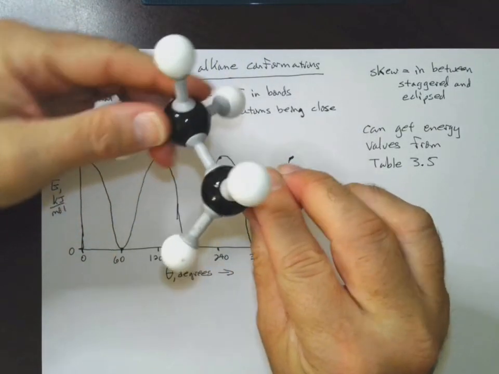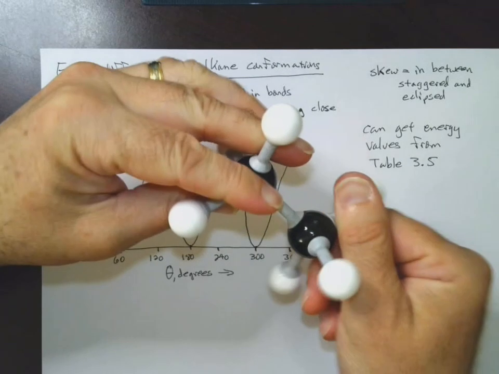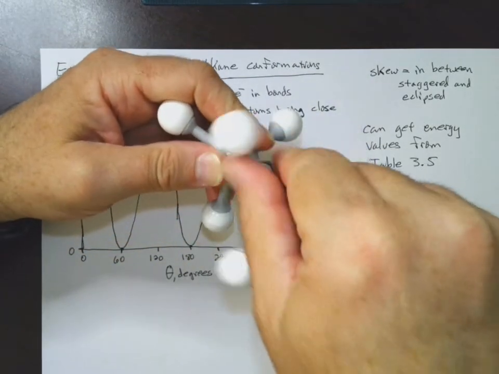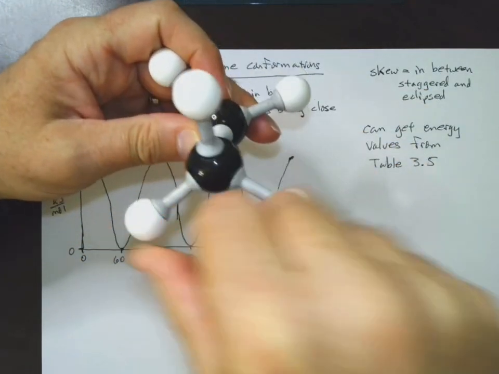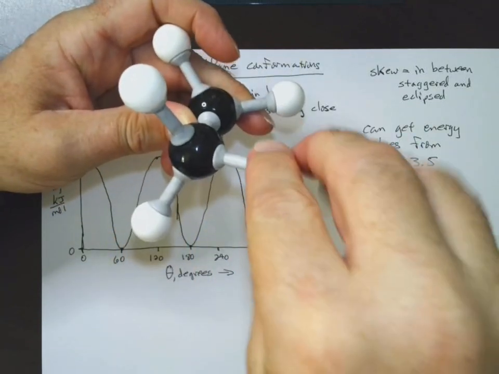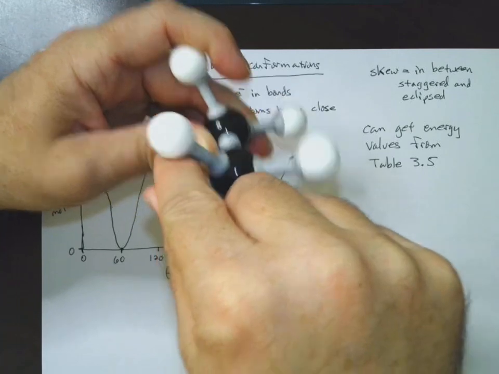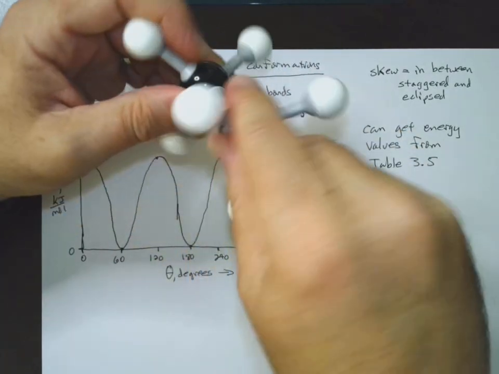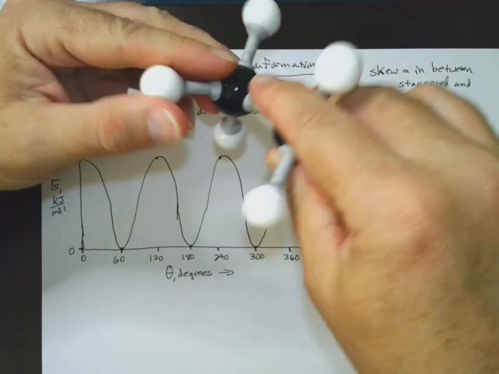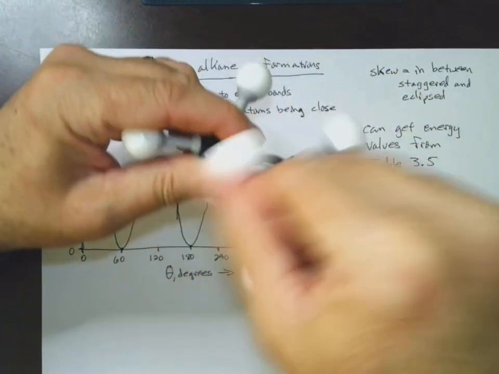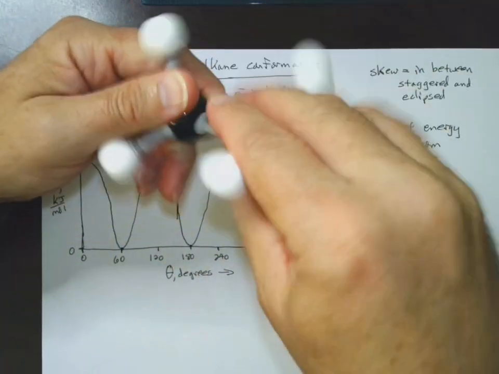So in reality, the molecule is spinning around, and this 12 kilojoule per mole energy difference is not really that big. So it doesn't take a lot of energy to get this one end of the methyl group rotating around. Most molecules, you can consider the methyl groups to be just freely spinning like little propellers.